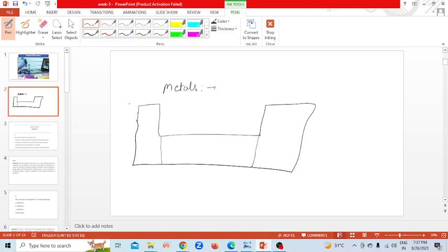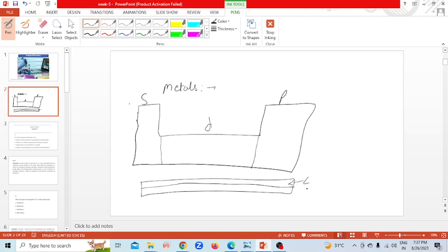So this is the S block, this is the P block, this is the D block. And at the end of the periodic table are two lines, which are called lanthanoids and actinoids. So this is the periodic table.